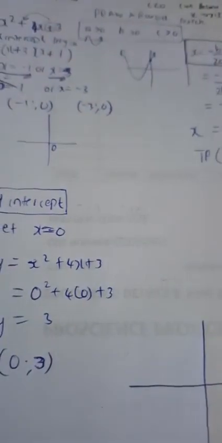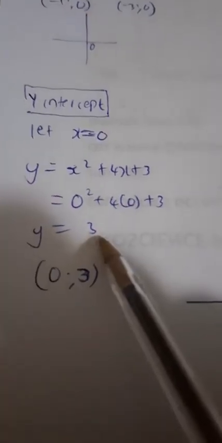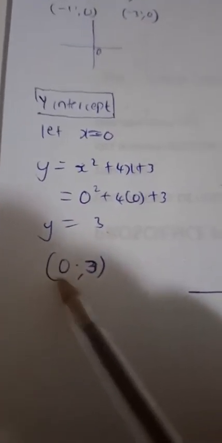What is now missing is the y-intercept, because like I said, the grade 11 theory was that we do not in any way think that the turning point is the y-intercept for this type of function. So we let x be equal to 0. We substitute, and you can see we get y is equal to 3. That is the coordinate of the y-intercept.